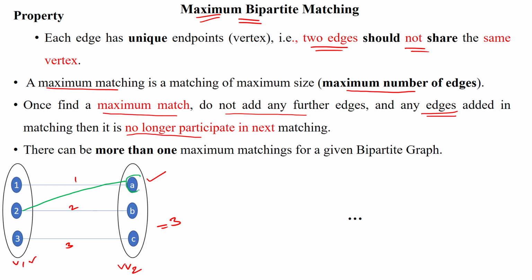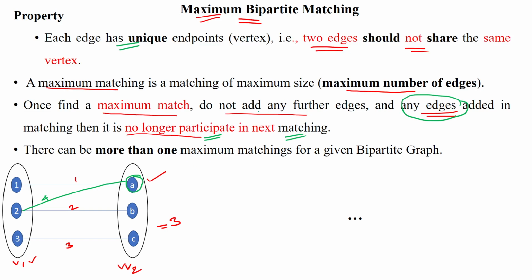This A is shared by edge number 1 and the new edge 4. So the property is not satisfied here. So if you add any more edges, then that solution is not contributing towards the matching.